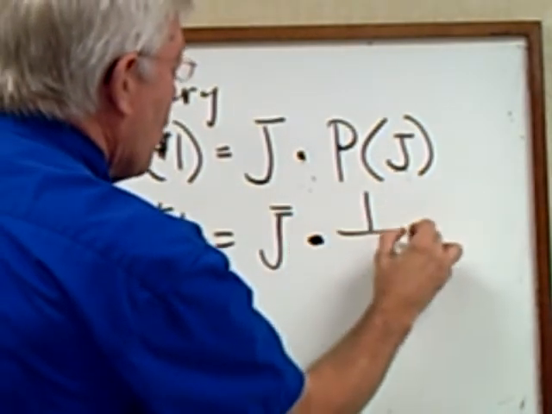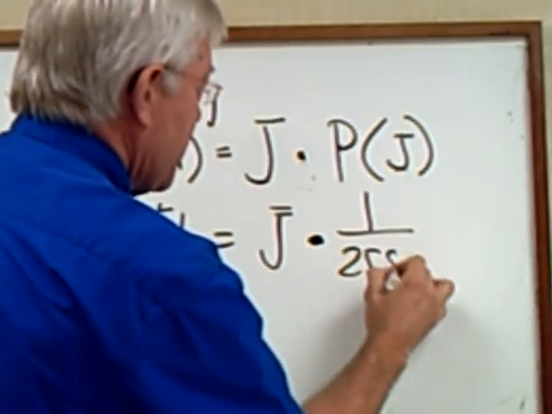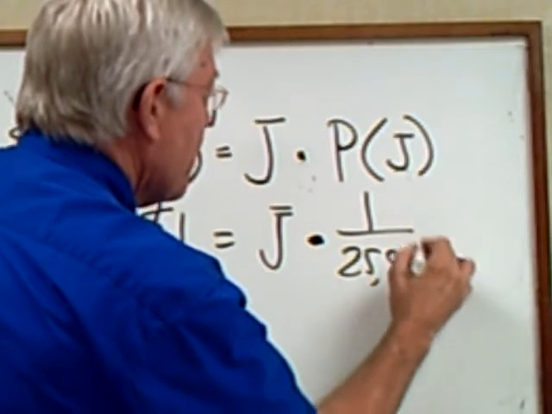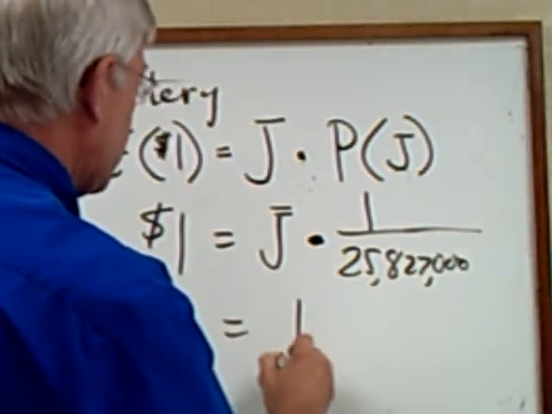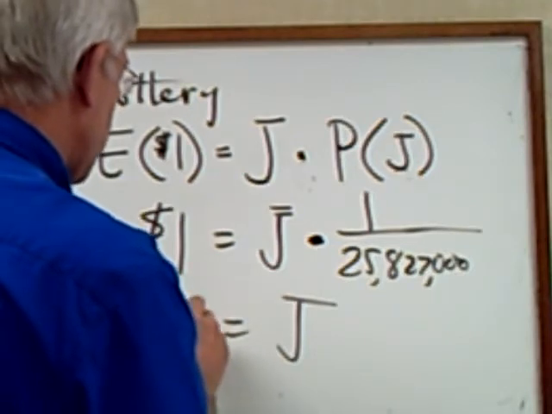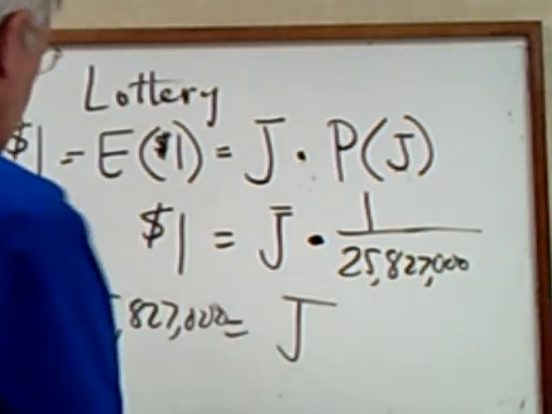So, in order for this to come out to be $1 as the expected value, I need the jackpot times 1 over 25,827,000. I want the jackpot to be at least $25,827,000. Okay?